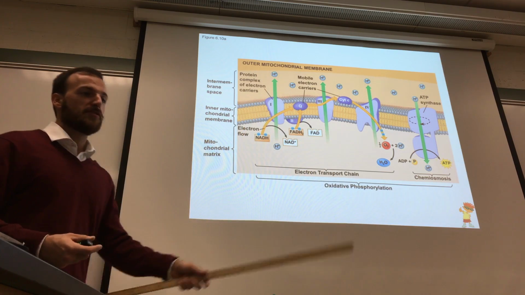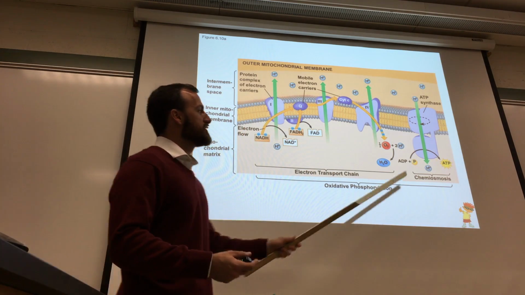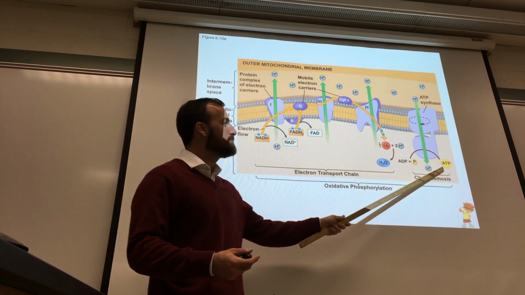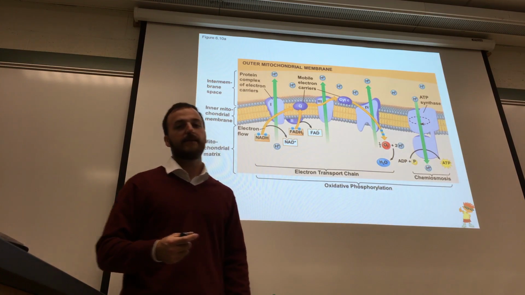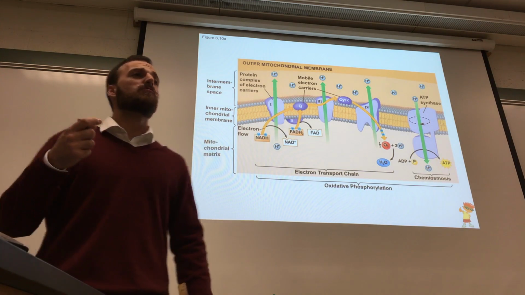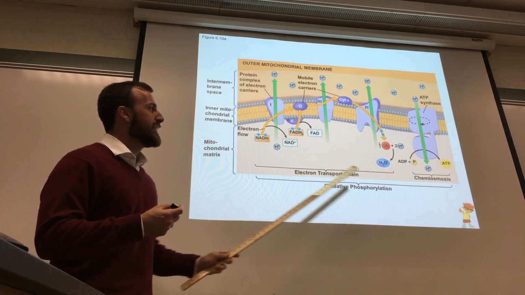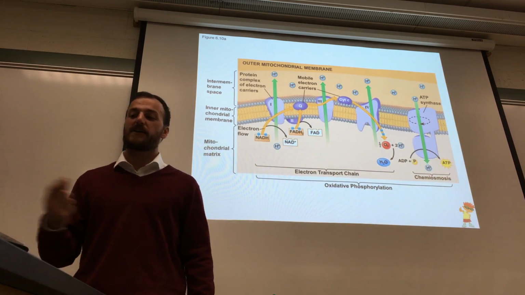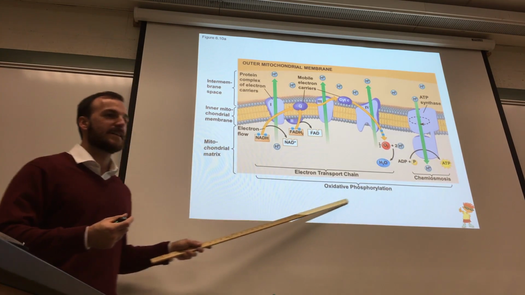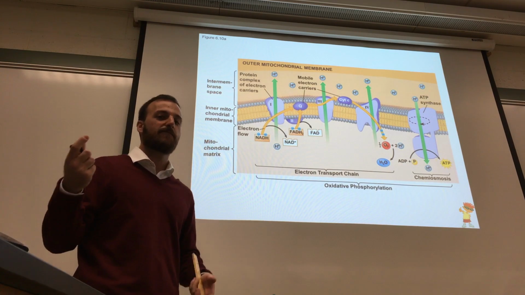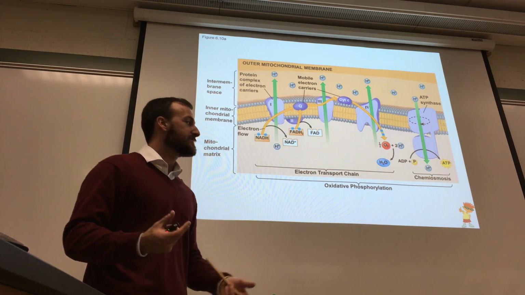And the end result being the production of ATP from ADP plus P. Okay? So we start with oxidation and we finish with phosphorylation. Okay? The whole process gets that name because it's named for both the beginning and the end.